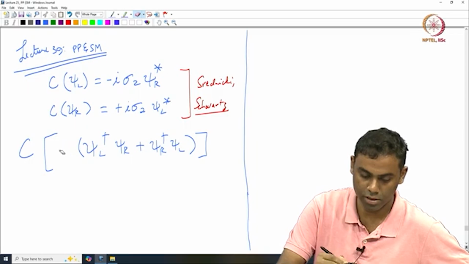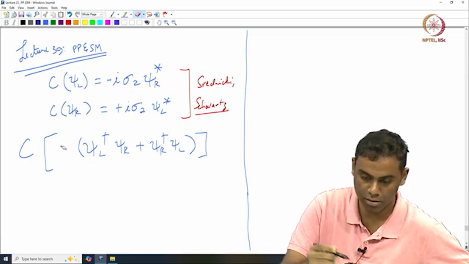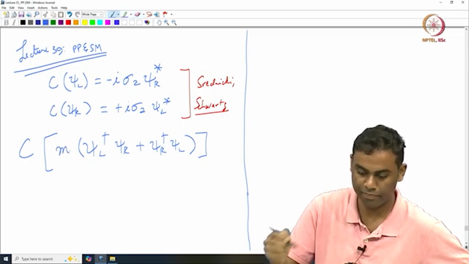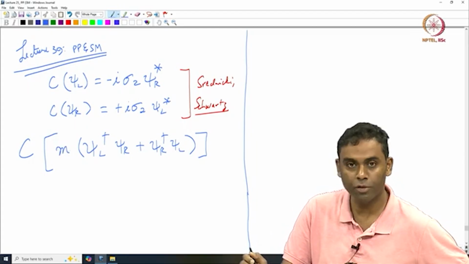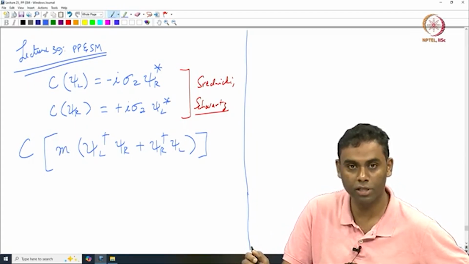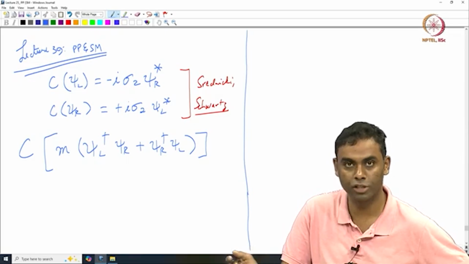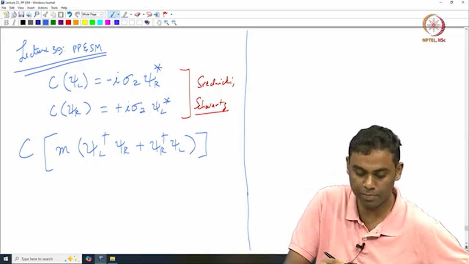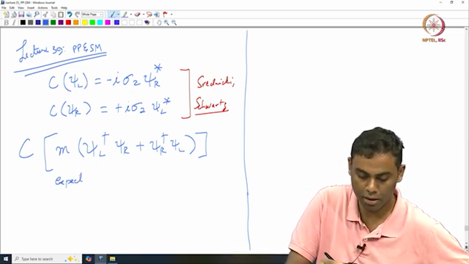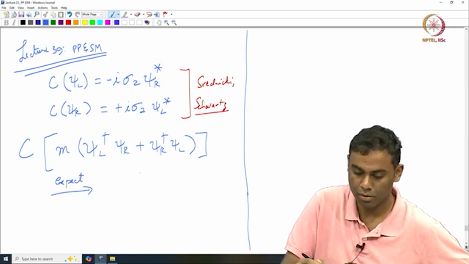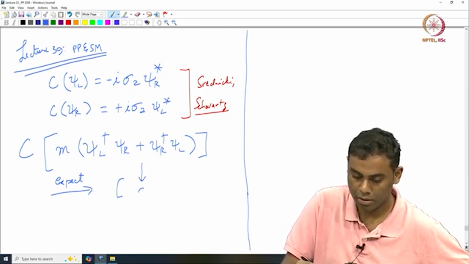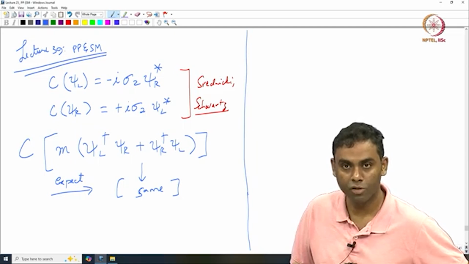Okay. So just in case it is not clear, this is the mass of the fermion. So what do you expect when you hit the mass term with a charge conjugation? So there is no physical reason for why this should change, right. You expect this to be the same, right. So let us see if this happens.